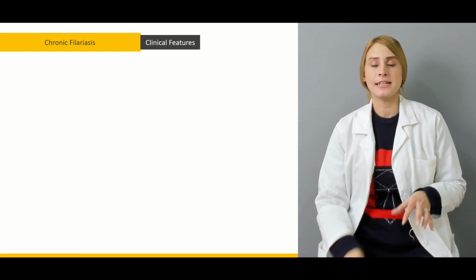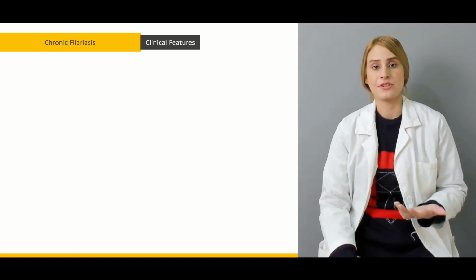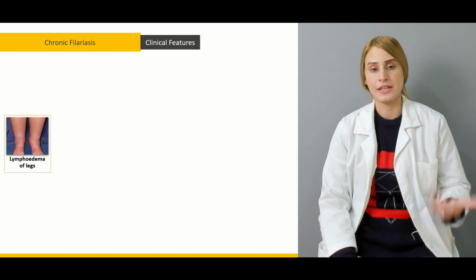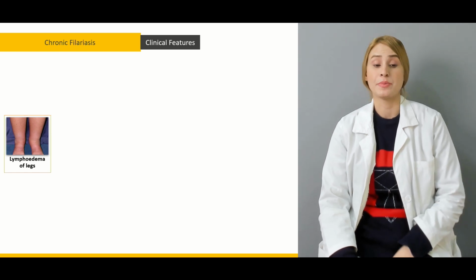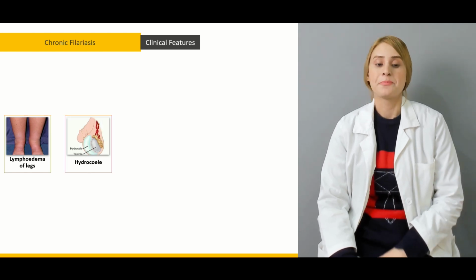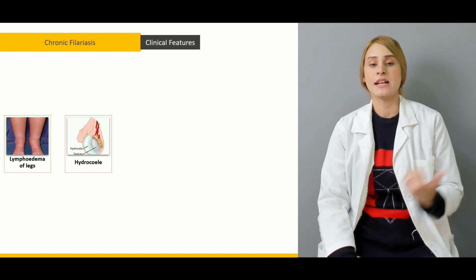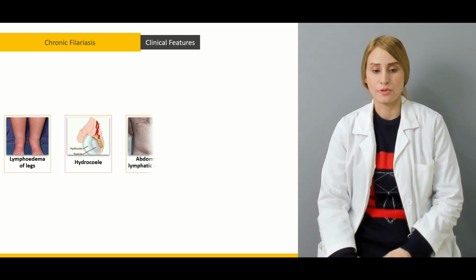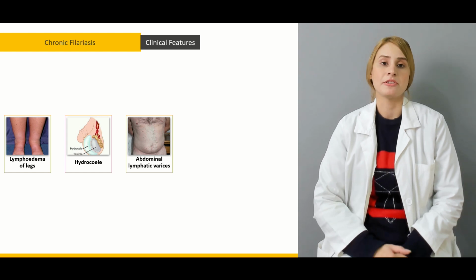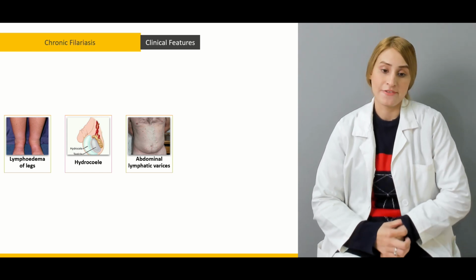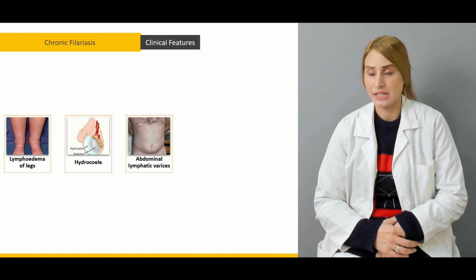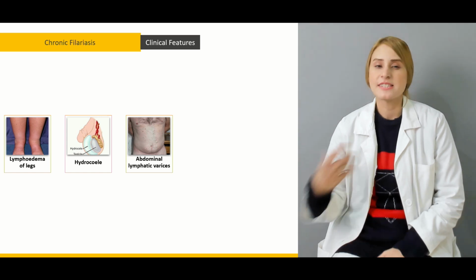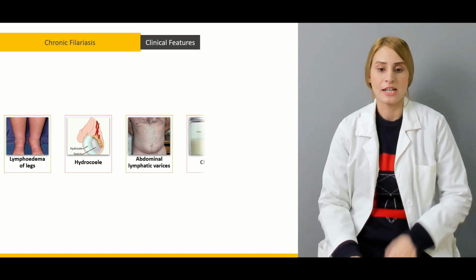Talking about the chronic features of chronic filariasis, there would be lymphoedema of the legs. There can be hydrocele, and as I told you, inguinal scrotal swelling, and there can be abdominal and lymphatic varices at times, which would be quite visible on inspection.